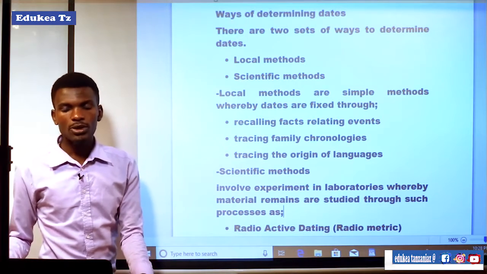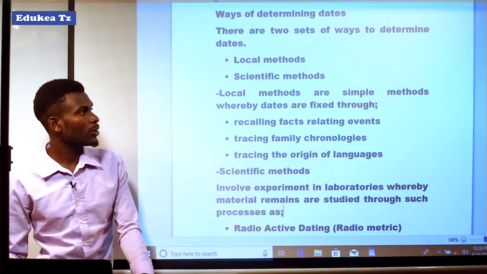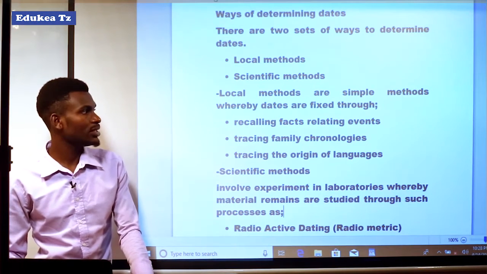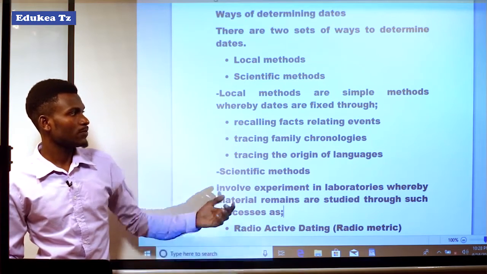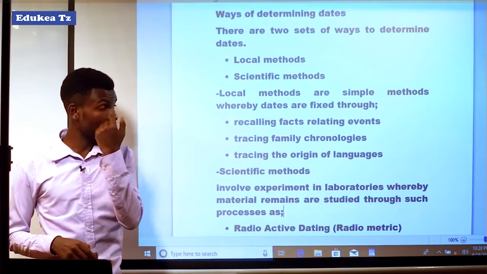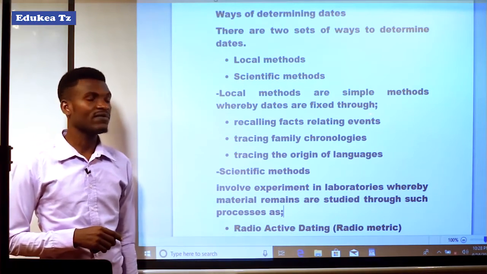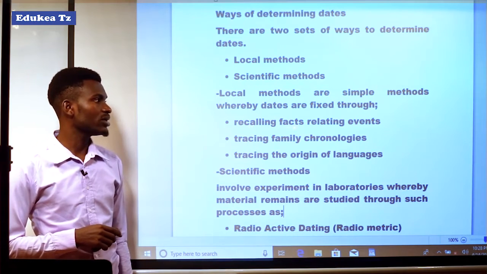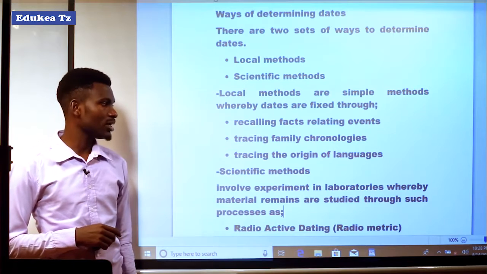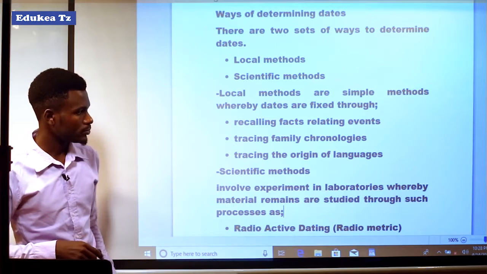It means that the local method is a simple method whereby dates are fixed through recording facts relating to events, tracing family chronologies, and tracing the origin of language.